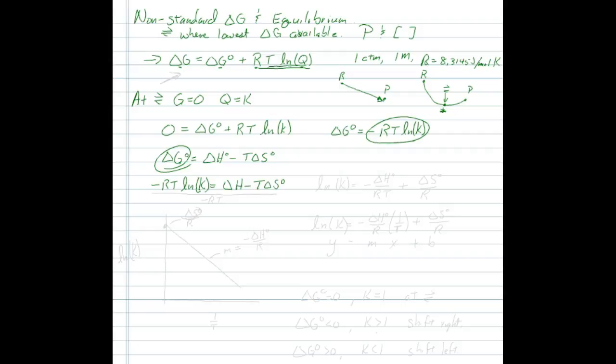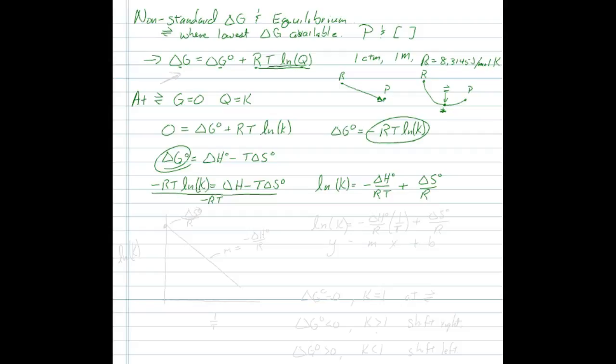Divide everything in sight by negative RT, and you get natural log of the equilibrium constant is equal to negative delta H naught over RT plus delta S naught over R.